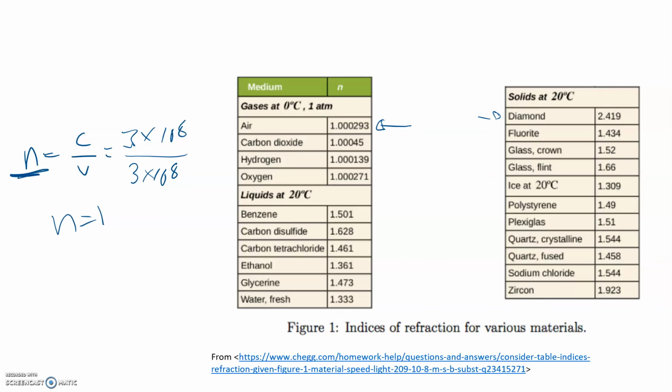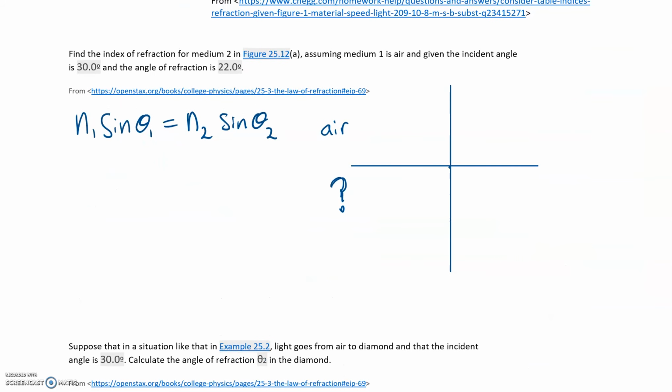The example problem here says find the index of refraction for medium 2, which is what n is. We're given medium 1, the first part, which is air. So we have light traveling through air, and it's going to hit and change as it goes into a different substance.